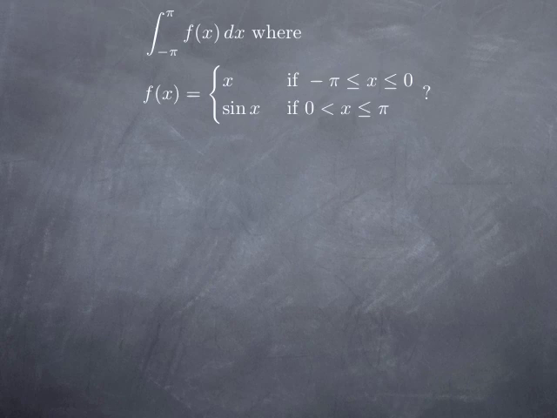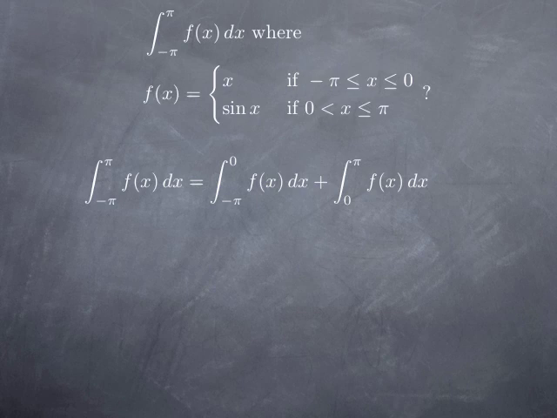However, we have seen that one of the properties of definite integrals is that when I integrate from a to b, I can first integrate from a to c, and then from c to b, and add these two integrals together. So we're going to do that, cutting the interval in two pieces, from negative pi to 0, and from 0 to pi, where of course we cut at 0 because this is a place where the definition of the function changes.